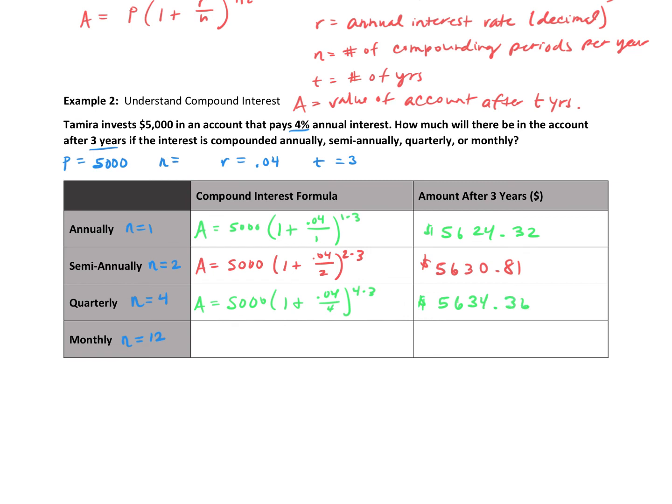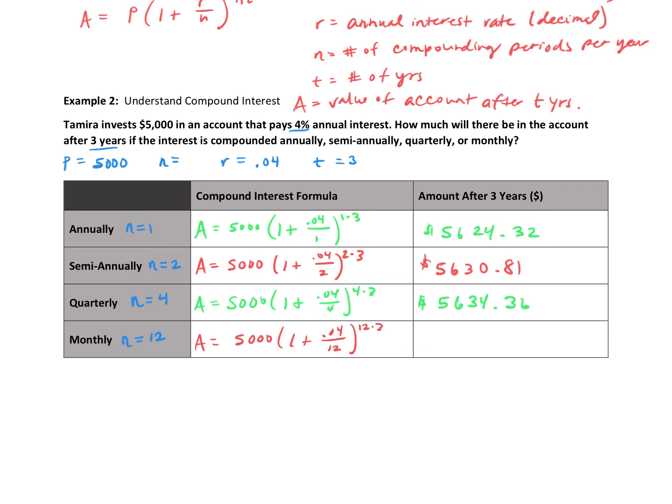Then our last one, monthly. If you notice, the more times we are compounding in a year, the total value of our investment is going up. We're earning more interest. And ultimately, isn't that what we want? The more interest we earn, the more money we get, right? All right, so last one: 5,000 times (1 plus 0.04 divided by 12) this time, raised to the 12 times 3 power.